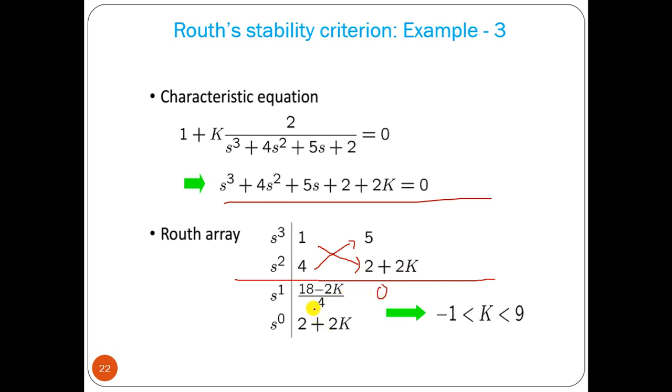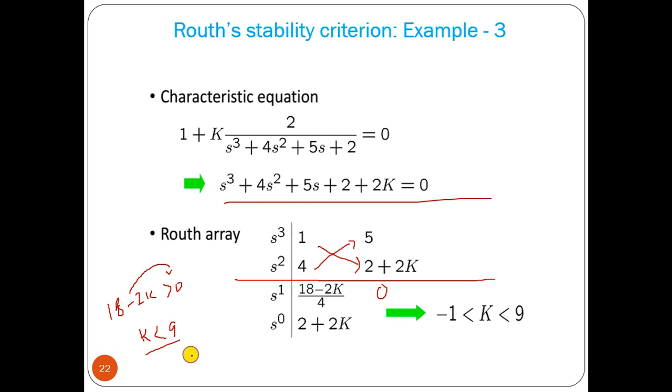Now what is the condition? Here we can see the condition is 18 minus 2k should be greater than 0, so the k value should be less than 9, right? Dividing by 2, k should be less than 9.